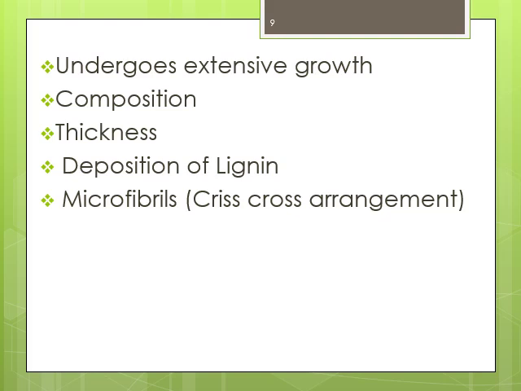These microfibrils play a very vital role in the stability of the primary wall and in the maintenance of the shape of the cell. These microfibrils are arranged in a crisscross pattern. Due to this, a cell can maintain its shape.